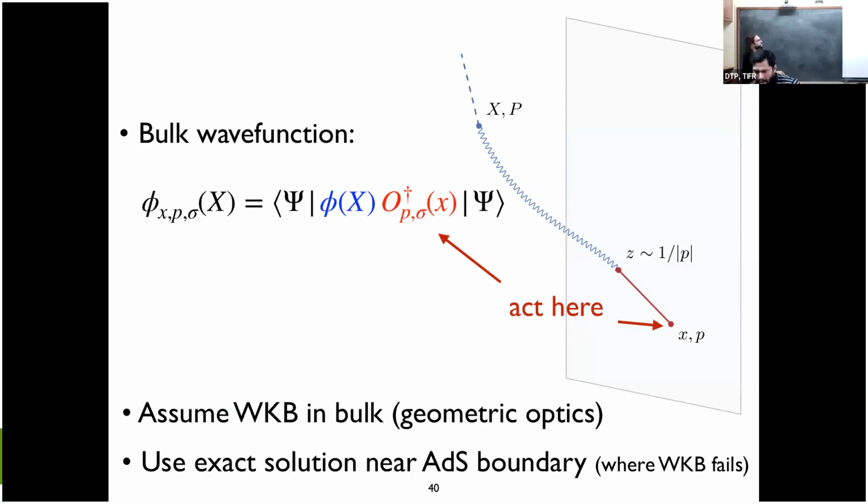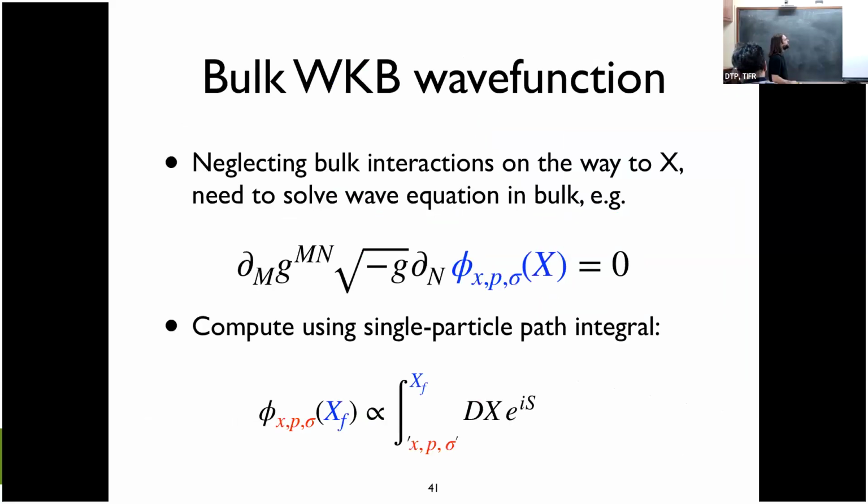For that region, we use exact AdS. So I'll calculate this bulk wave function and see the focusing. The basic point is that in principle you have to solve some wave equation in the bulk. It's equivalent to computing a single particle path integral. And this quantum mechanics formulation is useful to understand geometric optics.